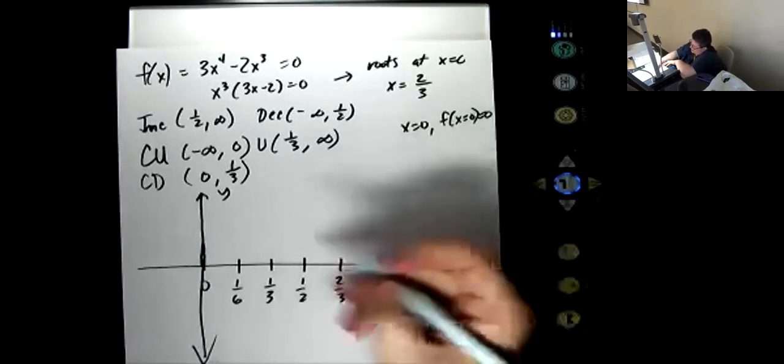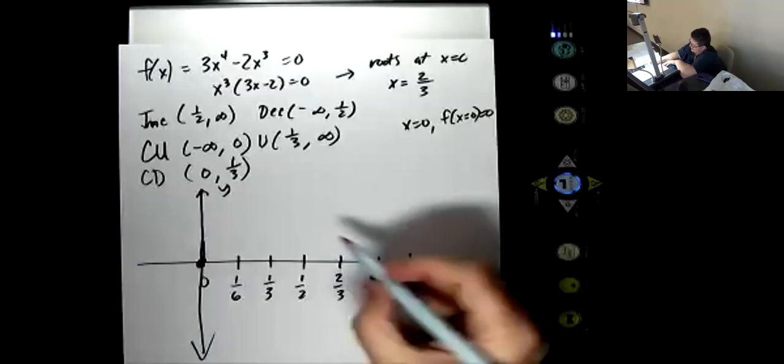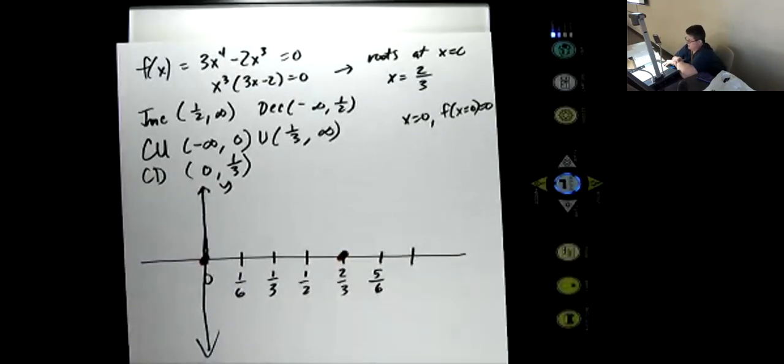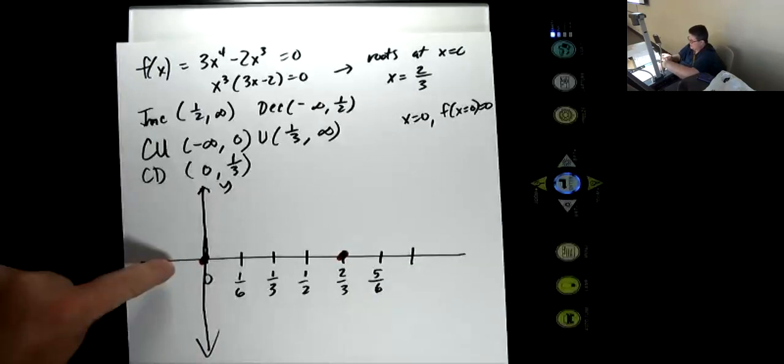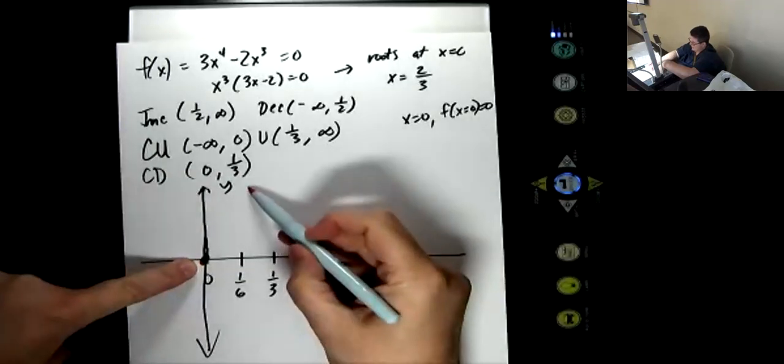We know the graph crosses at 0 and it crosses at 2/3. We know it's concave down from 0 to 1/3. So we'll have something like that in here.